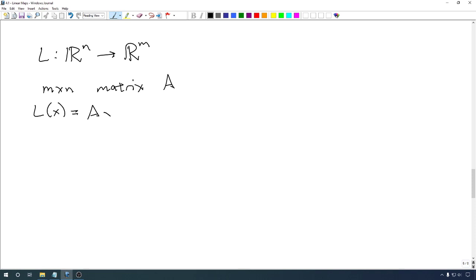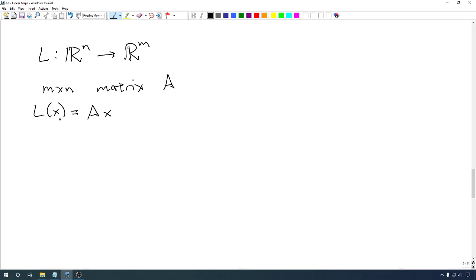Now, a very important example of a linear map: we can take a map from Rn to Rm, where we start with a matrix, an m by n matrix A, and we define L of x as just the matrix A times x.